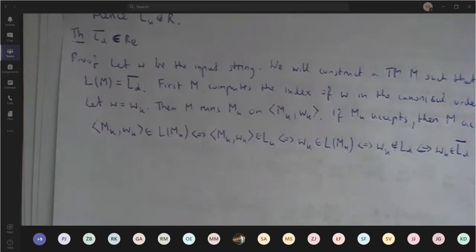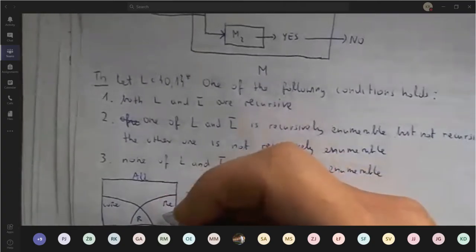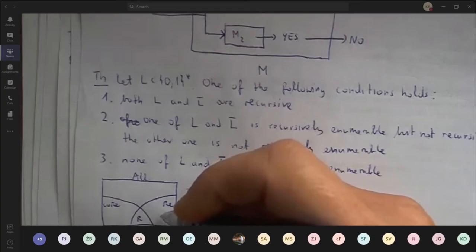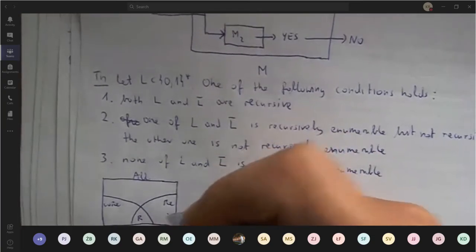Okay, so let me find this map. Here it is. So now we know that in this map, I will draw this map later, maybe a bigger one. So we know that here somewhere is LU.